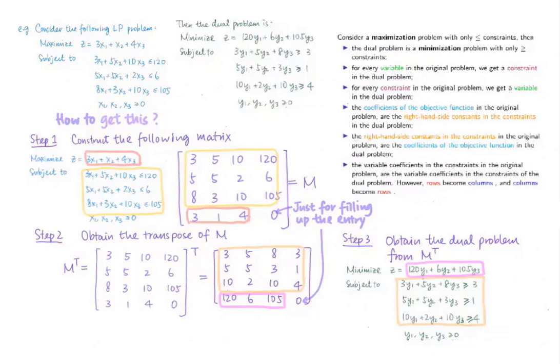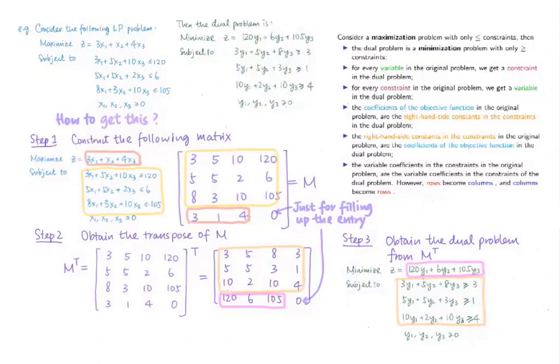The last row of the transpose of M will give us the information on the new objective function of the dual problem. For the first row, we have 3, 5, x, 3. So in this dual problem, the first constraint will be 3y1 plus 5y2 plus xy3 greater than or equals to 3. The important point to remember is that in our example, the original problem has less than or equals to constraints.